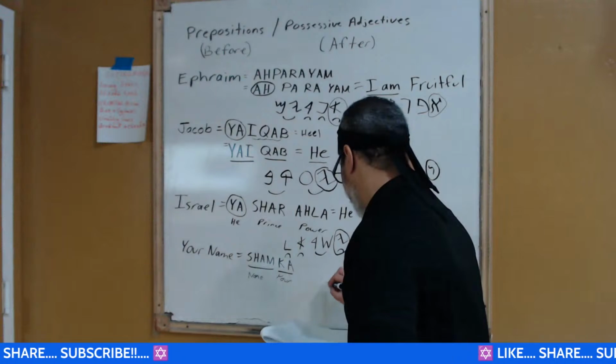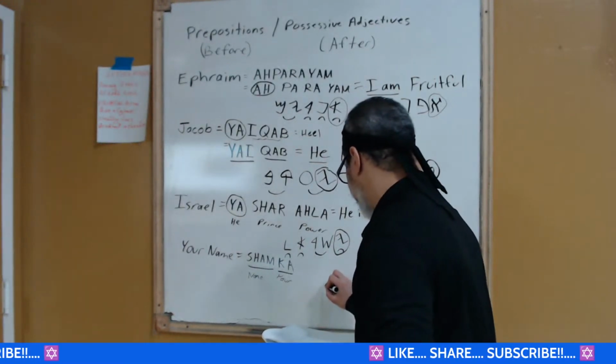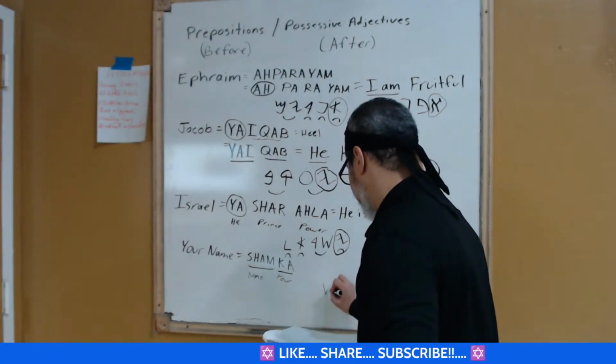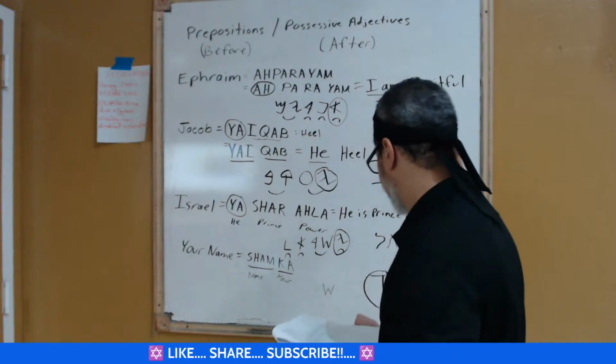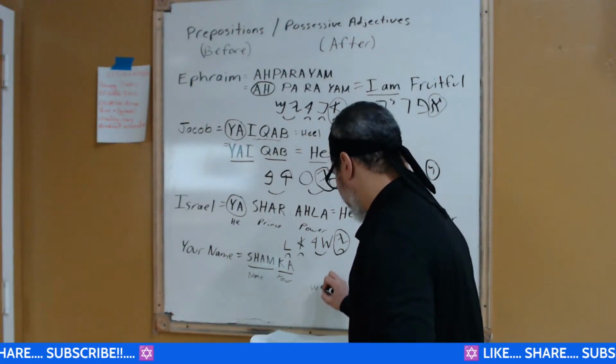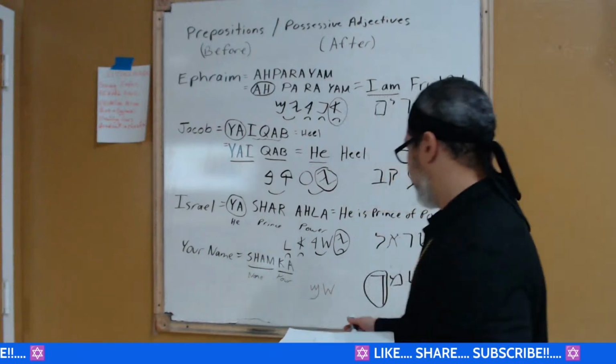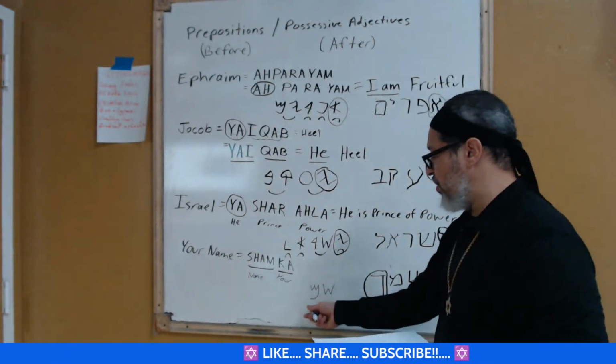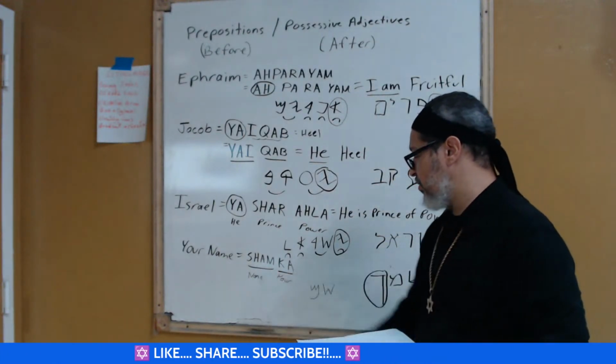And in the ancient, the sha would be sha. The m would be sham. So that sham is name.